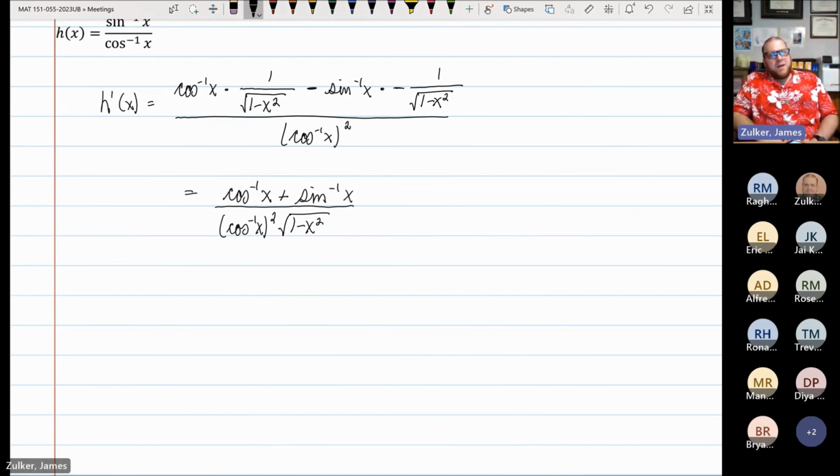Multiply numerator and denominator by square root of 1 minus x squared. And here's our derivative.